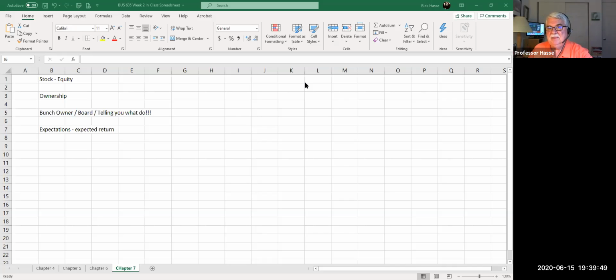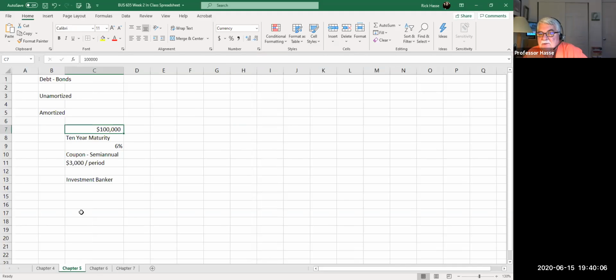So again, this is a key for us in managing financial resources. If we fund our capital from stock, we have to meet investors' expectations. If we fund our capital by debt or bonds, we have to make sure we have the cash flow and the return to pay back, depending on the bond agreement, the interest and the principal.